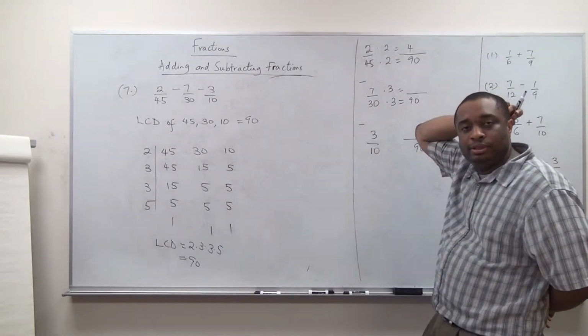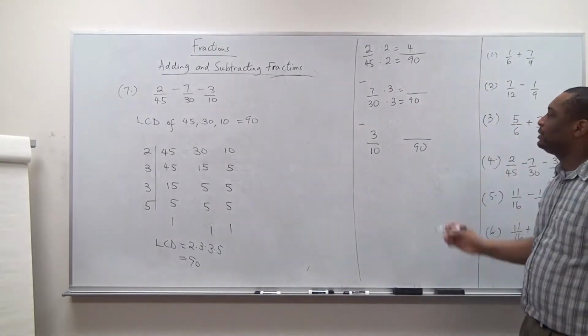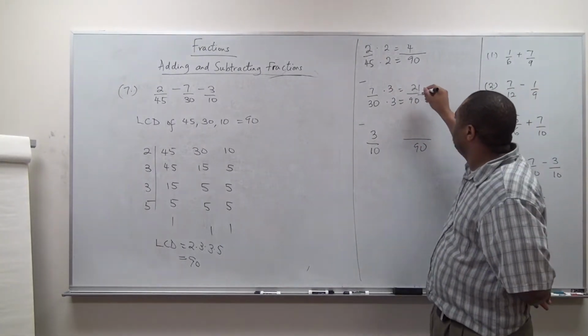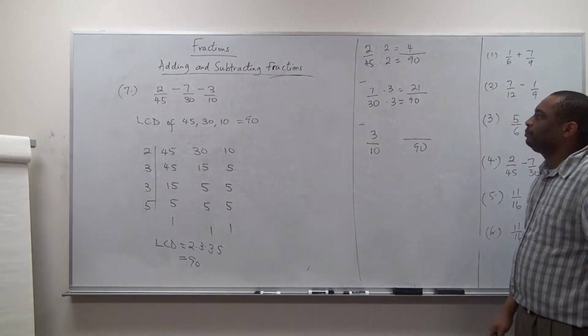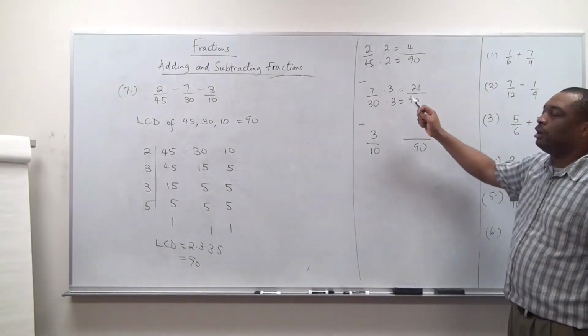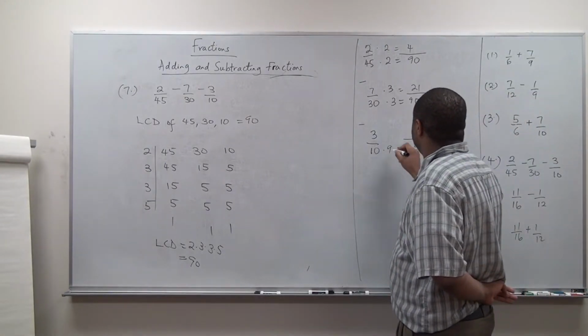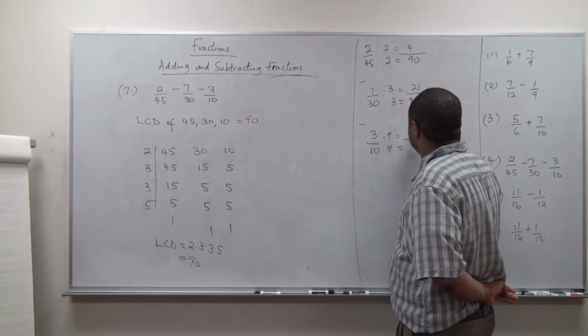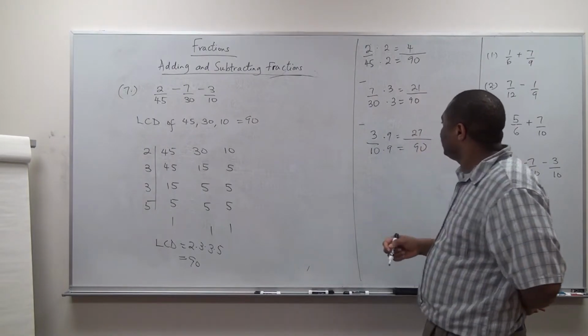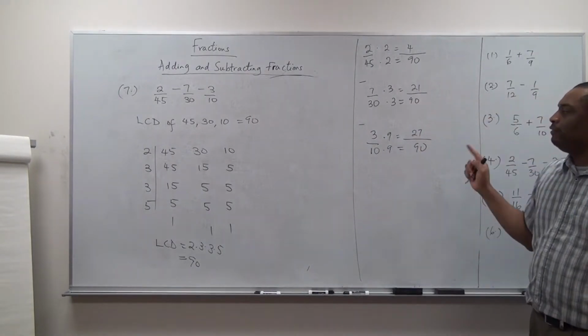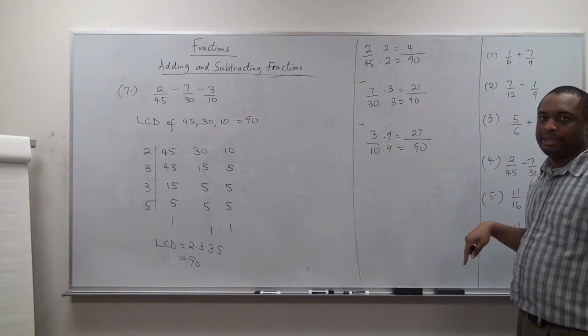Do the same to the numerator. 7 times 3 will give us what? 21. So 21 over 90 is the equivalent fraction of 7 over 30. Then this is times 9, and this will give you 27. 27 over 90 is the equivalent fraction of 3 over 10.